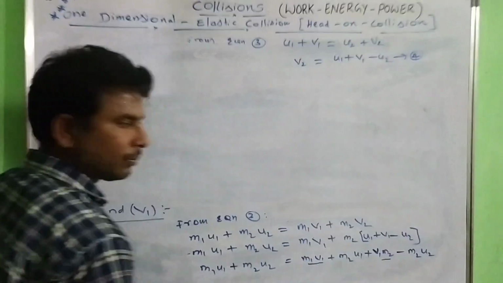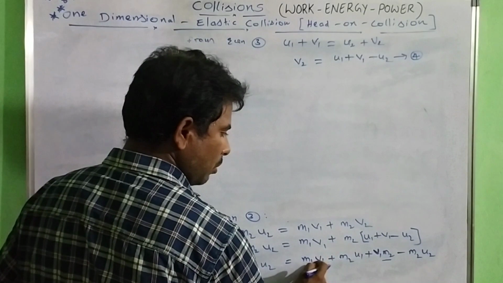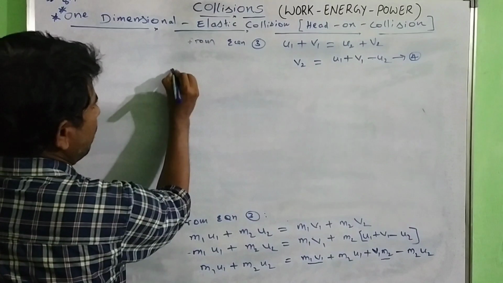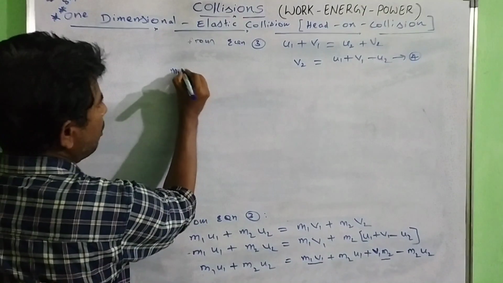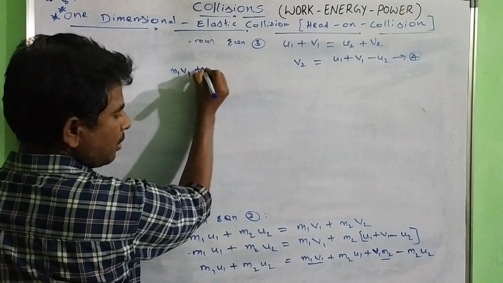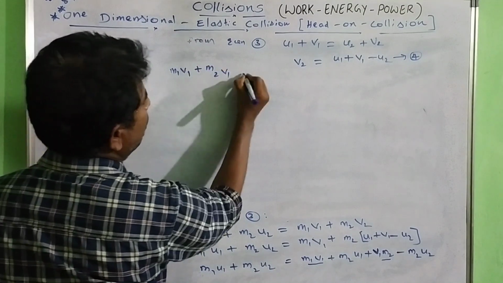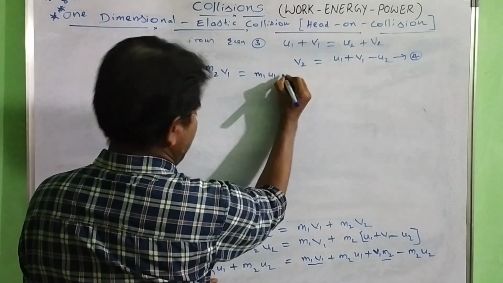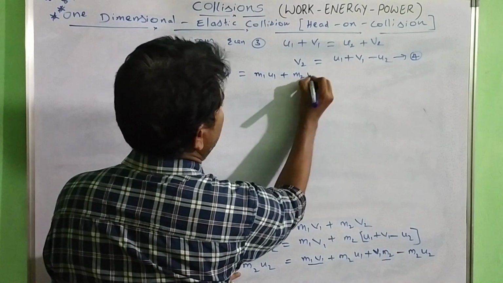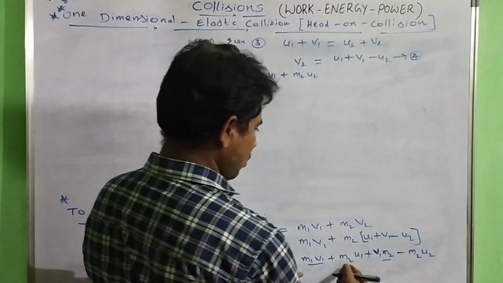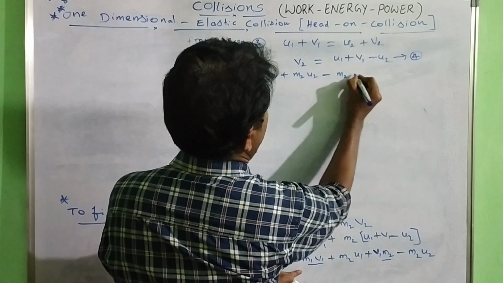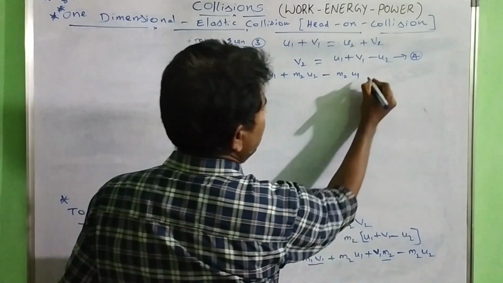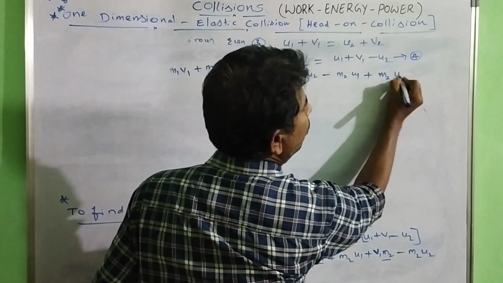Here v1 is a common term, so m1 v1 plus m2 v1 equals m1 u1 plus m2 u2 minus m2 u1 plus m2 u2.